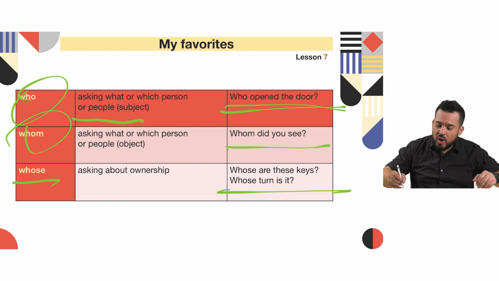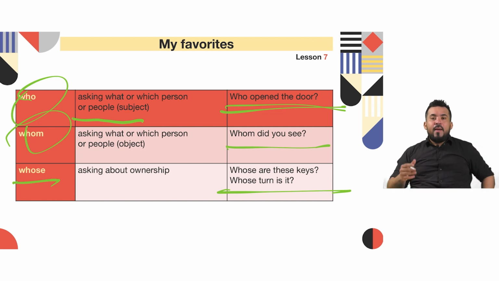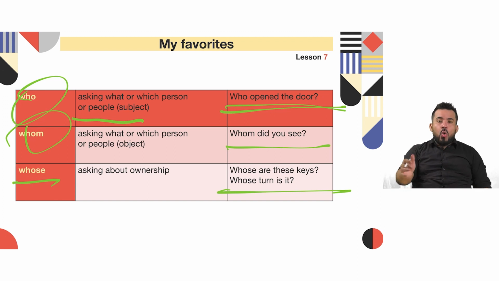If we say, whose turn is it? It means I'm talking about the person who owns this turn, the person who has to go next. It's my turn or it's your turn. So here we're talking about possession or ownership.